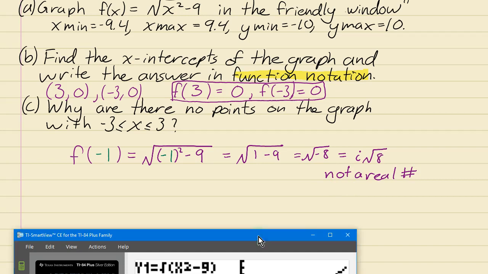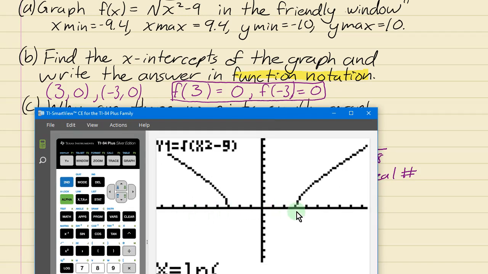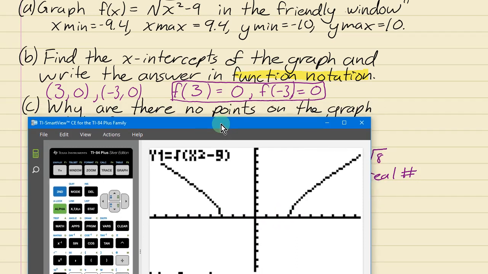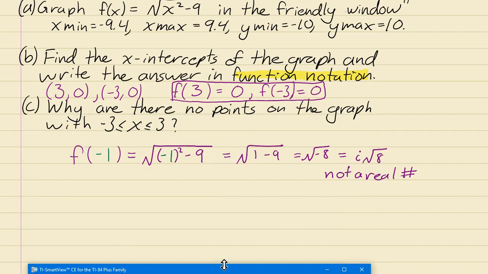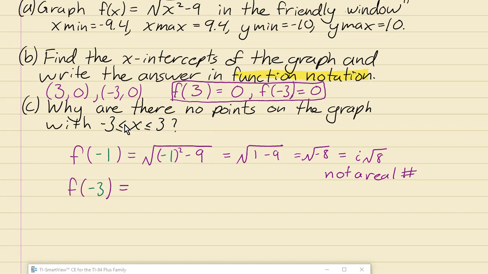So it doesn't actually show up on the graph, because the x-axis only has real numbers on it. Let's see if we can come up with what it is about x values between negative 3 and 3.